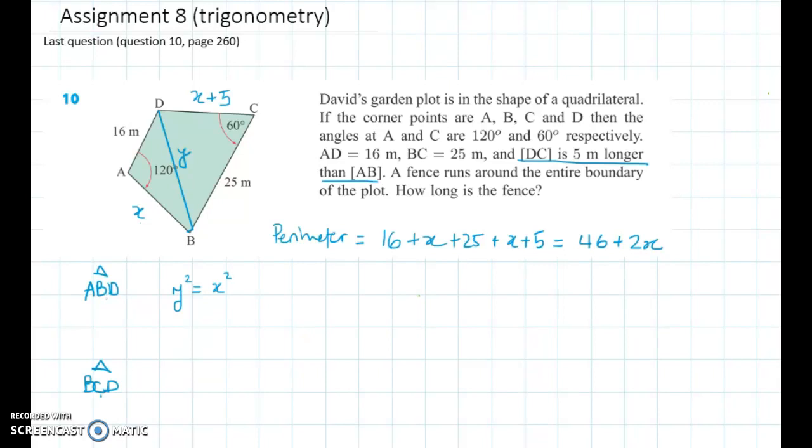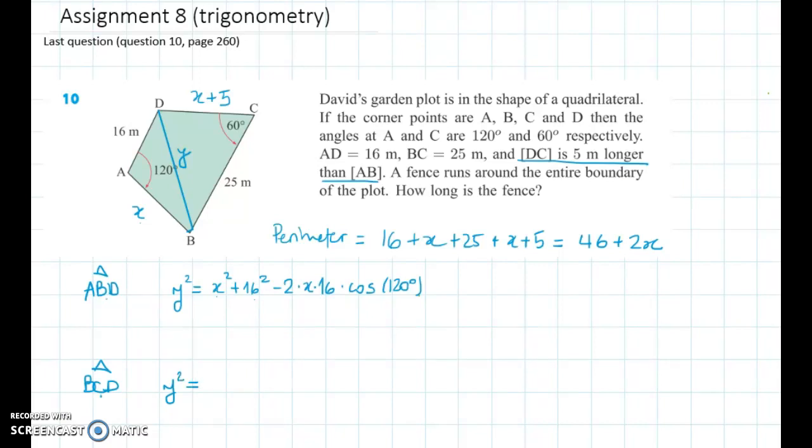So we need to do X squared plus 16 squared, minus 2 times the product of the sides, so times X times 16, times the cosine of the angle between the two sides we are using here, X and 16, so the angle that is in front of Y. So that's 120 degrees.